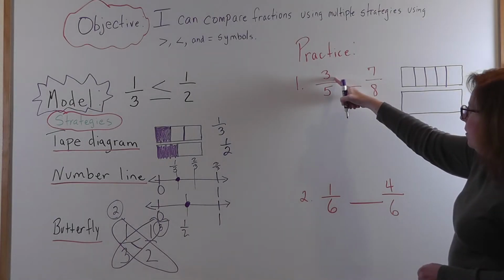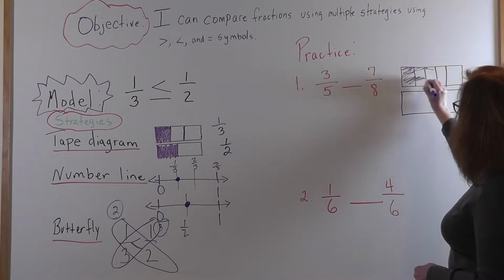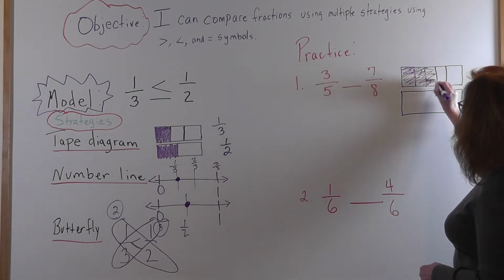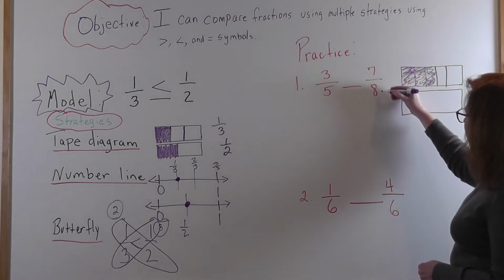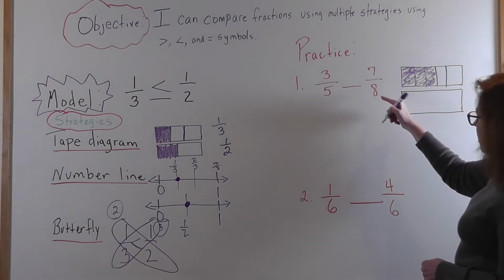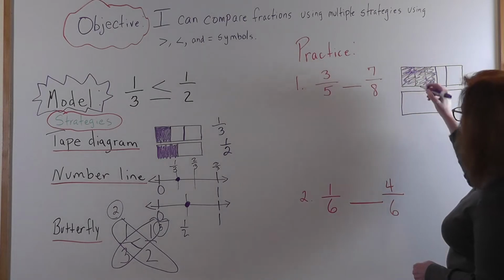And I'm going to shade in 3 out of 5. Okay? Now I have 7/8. So I need to make 8 equal parts and shade in 7.